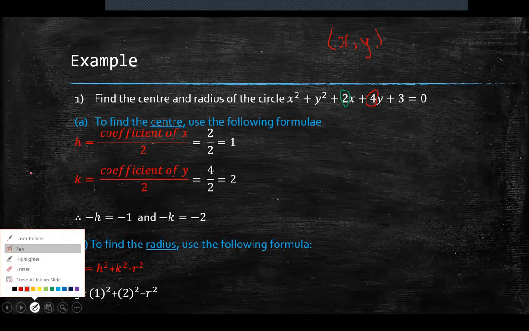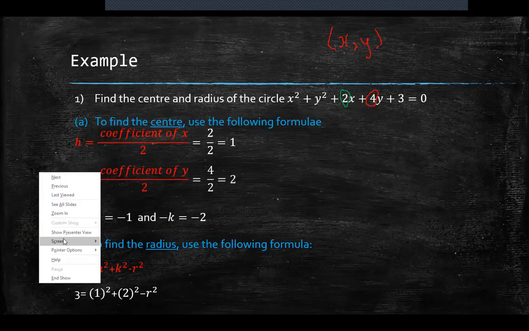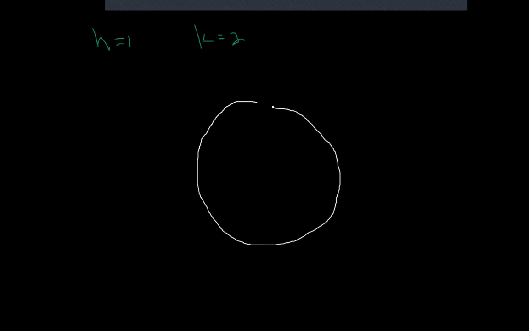However, let me go back. So remember those values. We just found out h is equal to 1, k is equal to 2. However, in previous class, so this is my circle, this is my center.